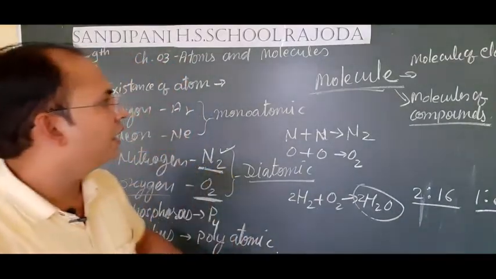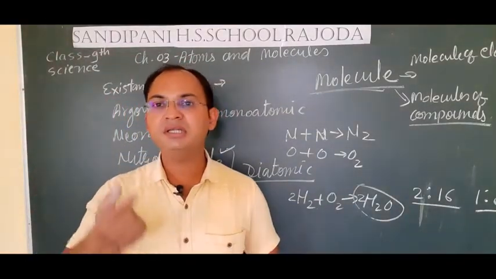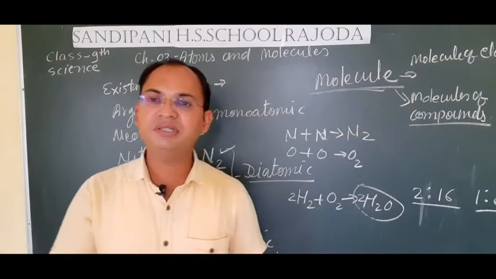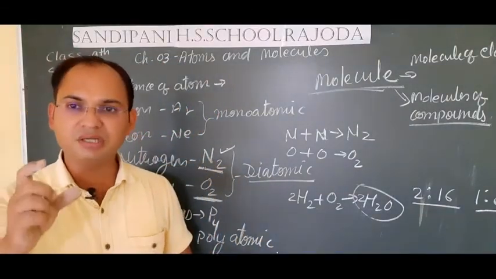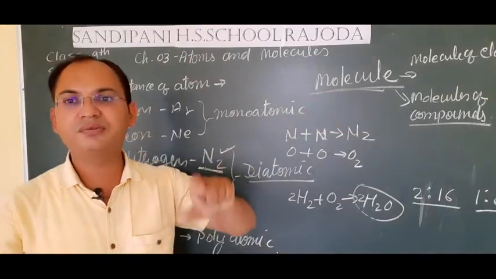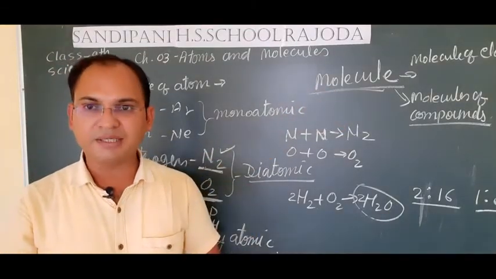So students, atoms always possess the simplest type of matter, which is called an element, but a molecule is the combination of two or more atoms.